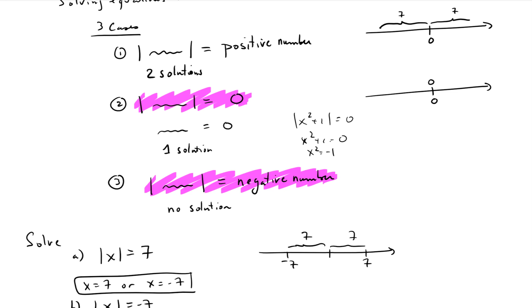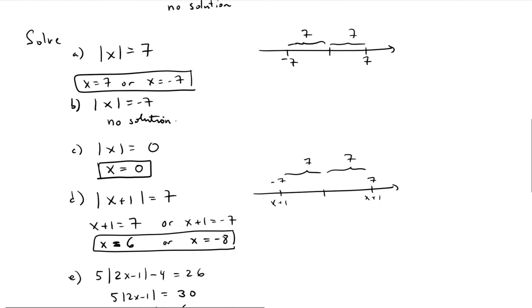Because x squared would have to be equal to negative 1. So yeah, it could be very tricky if what you have inside the absolute value is not a linear function. So just be aware of that.